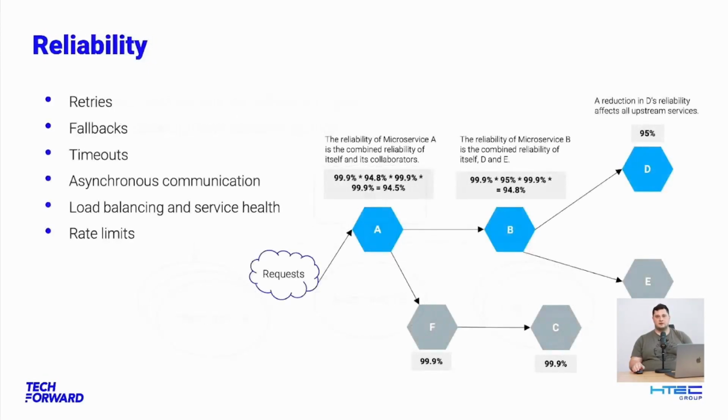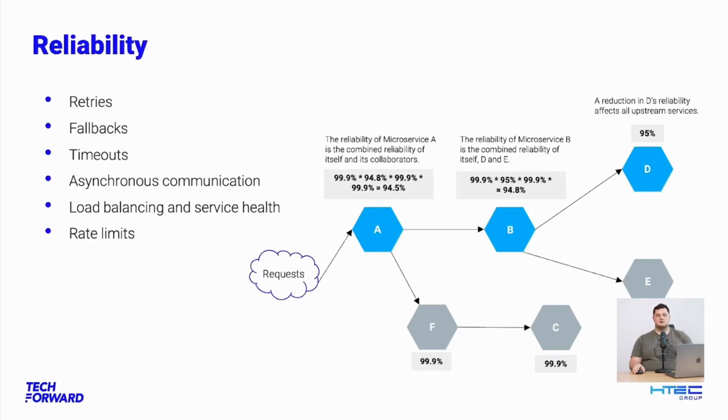When one service fails, how does that impact the collaborators and ultimately the applications and customers? On the diagram, we can see the reliability of one microservice depending on collaborators. We need to design and build our services to maximize availability and recovery when failure occurs.